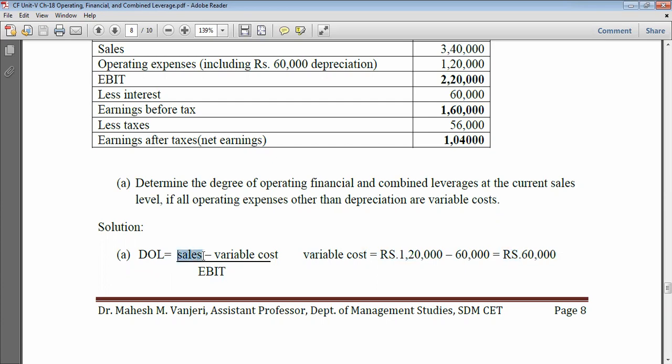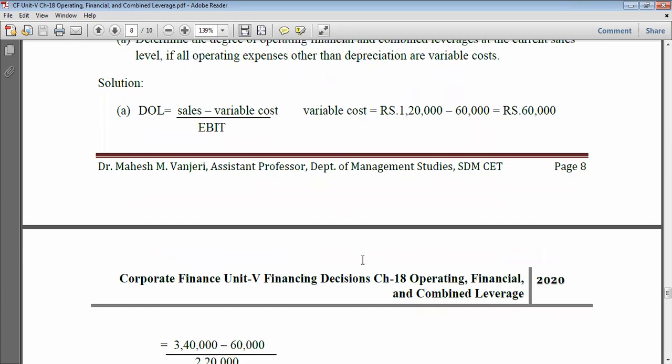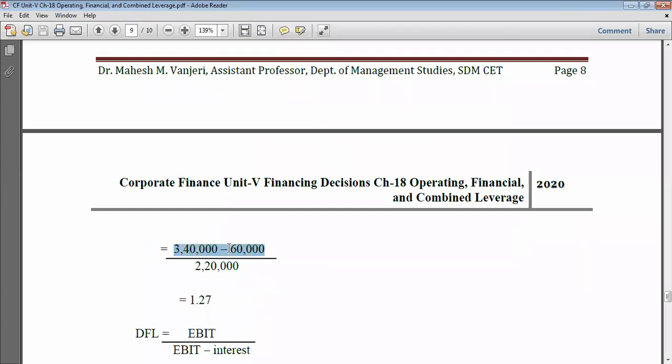So 3,40,000 minus 60,000 divided by EBIT, which is 2,20,000. If you simplify using a calculator, you will find the degree of operating leverage is 1.27.